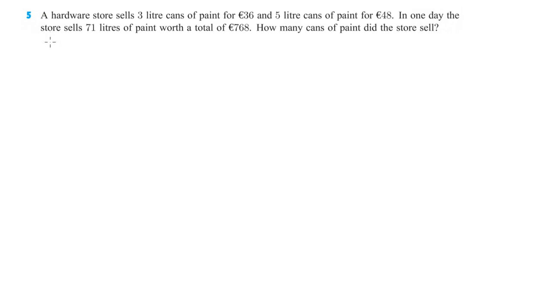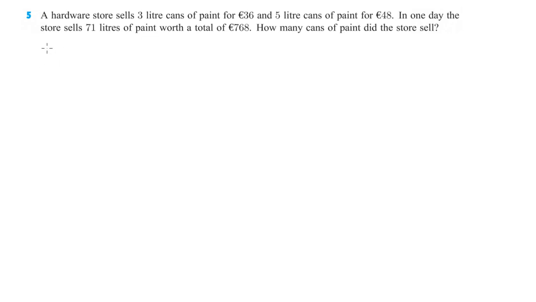We got to come up with 2 different equations, because we have 2 unknowns, right? We don't know how many 3-liter or 5-liter cans they sold. We just know that they sold a total of how many liters. Okay, so we know that 3-liter cans sell for 36, 5-liter cans sell for 48.